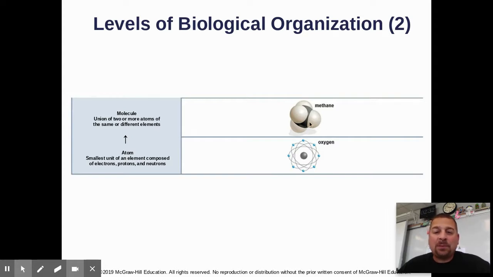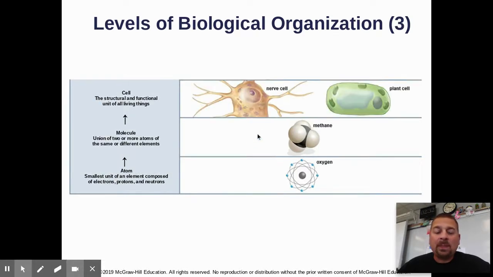That has different properties than just the oxygen itself, or the carbon itself, or the hydrogen itself. Sometimes macromolecules are stuck in here. Macromolecules would be like sugars and lipids, the 4 macromolecules that make up cells: proteins, lipids, carbohydrates, and nucleic acids. And those put together make cells, which is the smallest basic functional unit of a living thing.